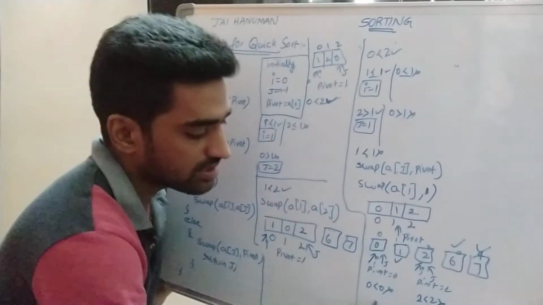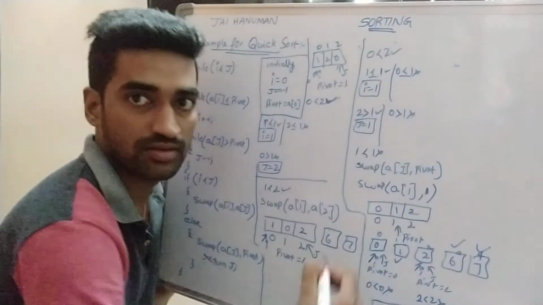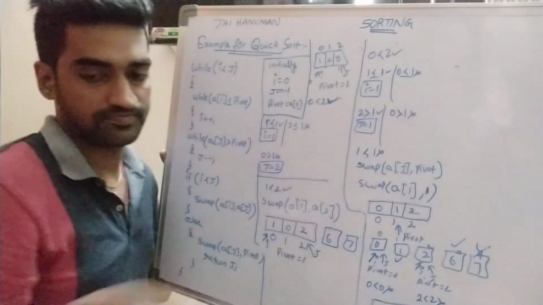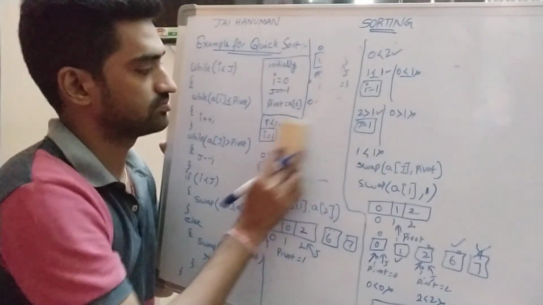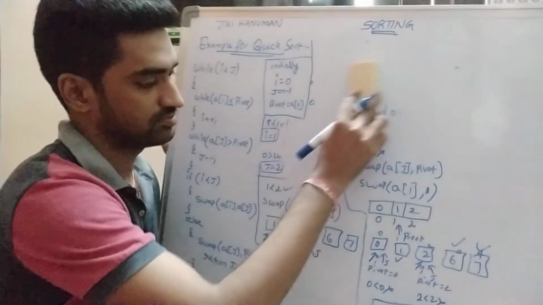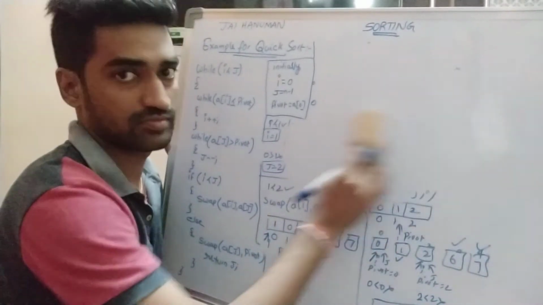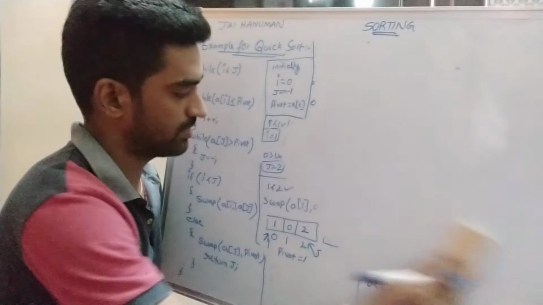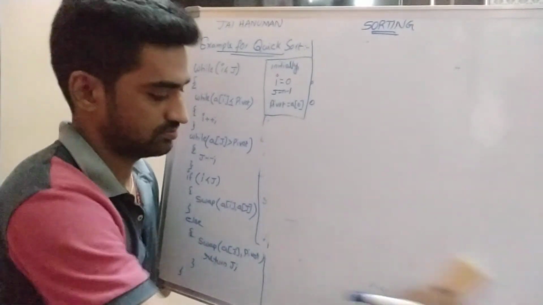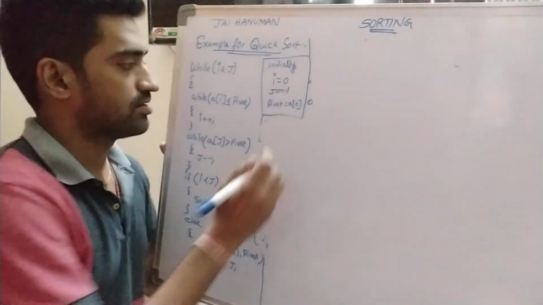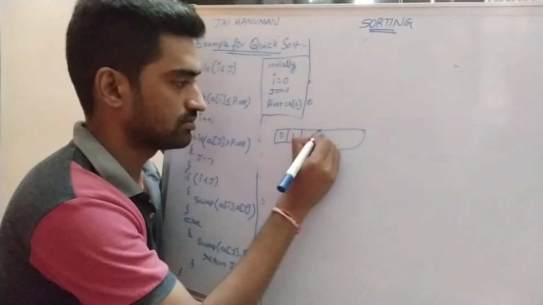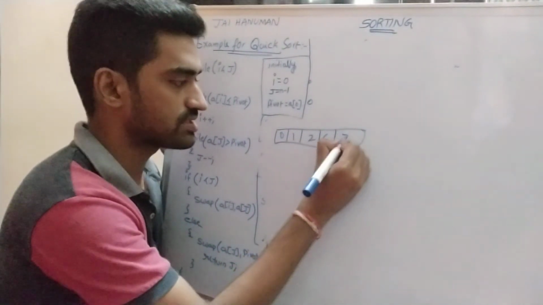So finally, what is the sorted array? 0, 1, 2, 6, 7.